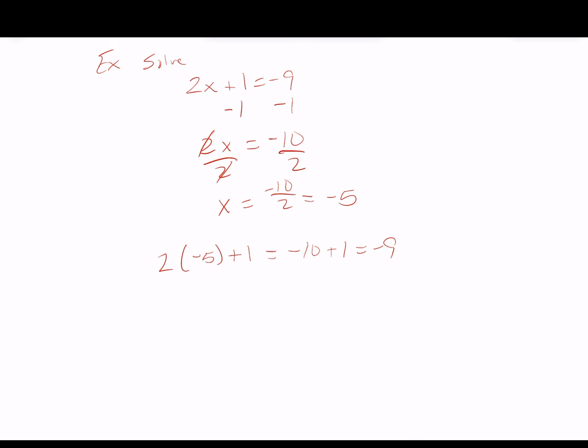So our final answer is x equals -5 is a solution to the equation. Now you may be asked to put this in set notation. If you are, it's a curly brace containing the number -5, and that is your solution set. Let's do another example.